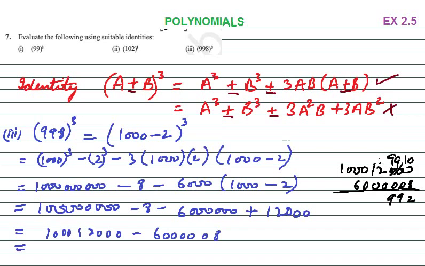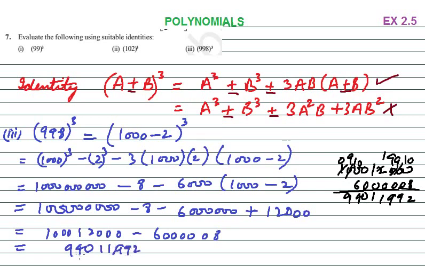9, 1, 1, 0, 4 and 9 and 0. Okay, so the answer should be 940 11992.